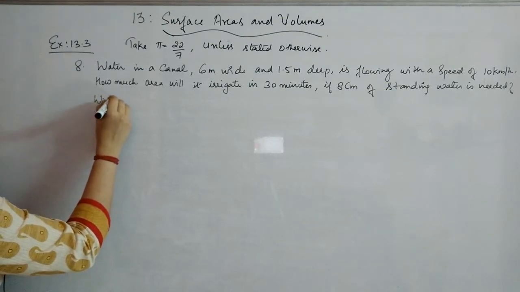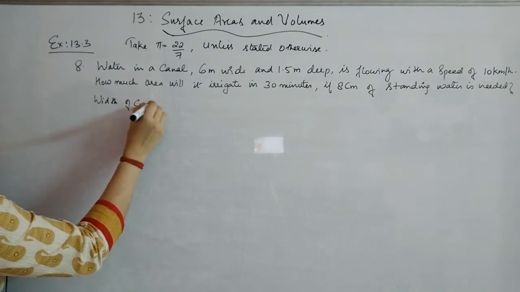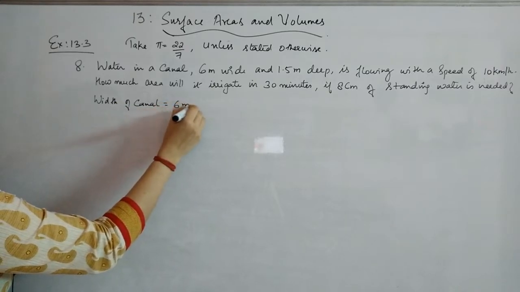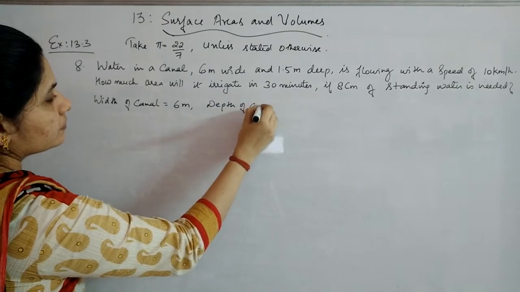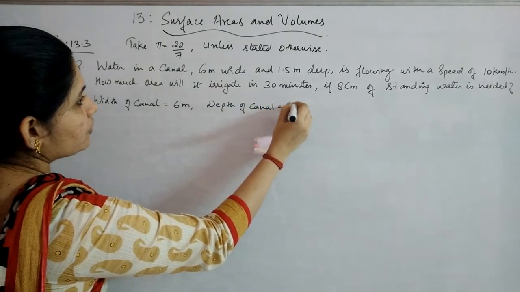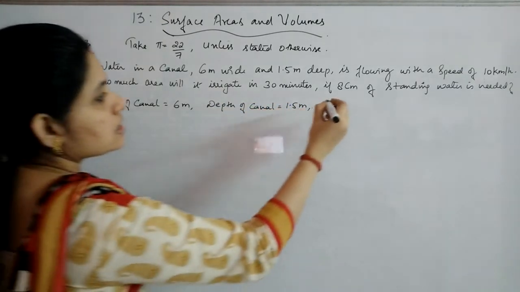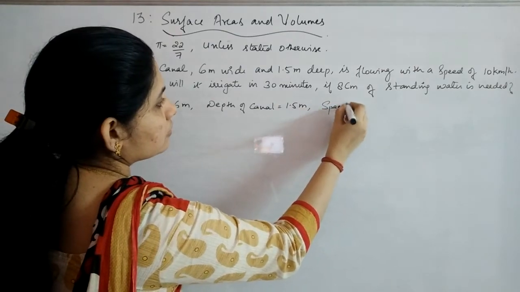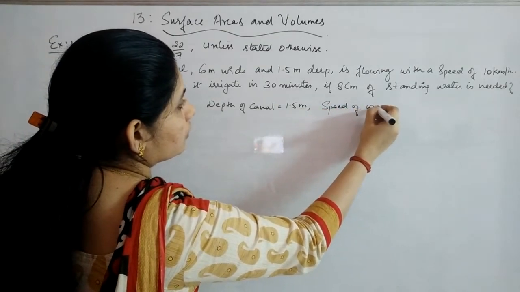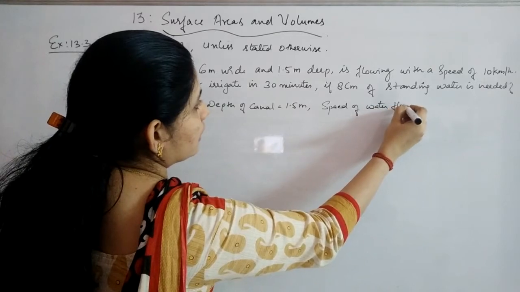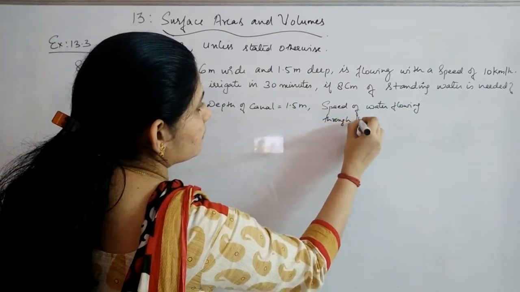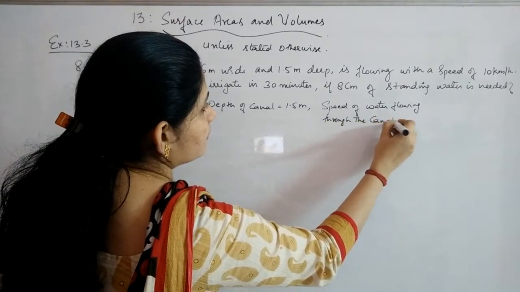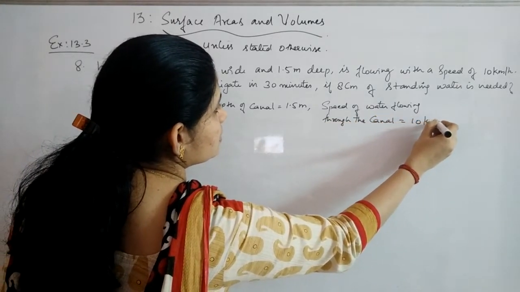Width of the canal is 6 meter, depth of the canal is 1.5 meter, and the speed of water flowing through the canal is given to be 10 kilometer per hour.